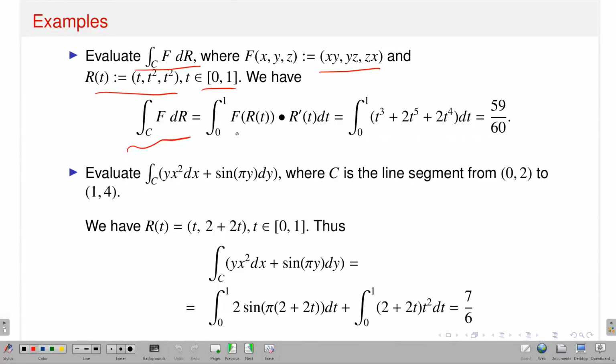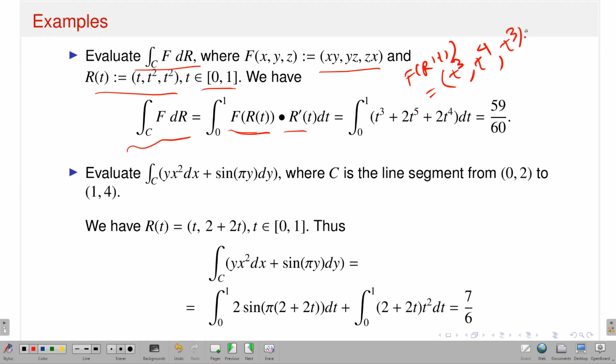You just have to do capital F of r(t), where r(t) is the given parameterization, dot r prime of t. You take the dot product and integrate. What is capital F of r(t)? Here F is given, so it is x times y, that means t cubed as the first component, then yz, that means t to the 4th, and then zx, that means again t cubed.